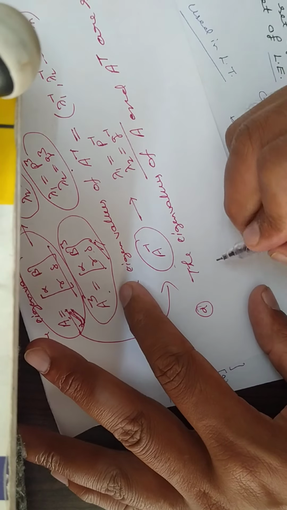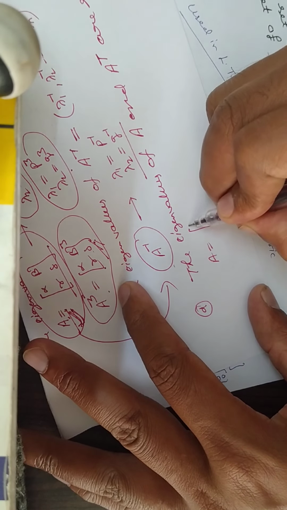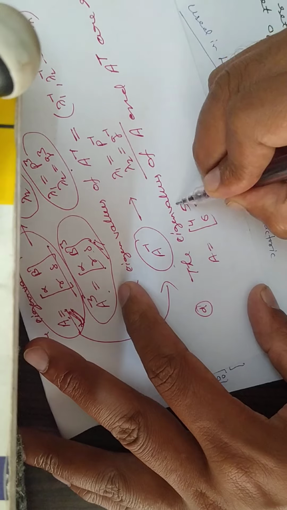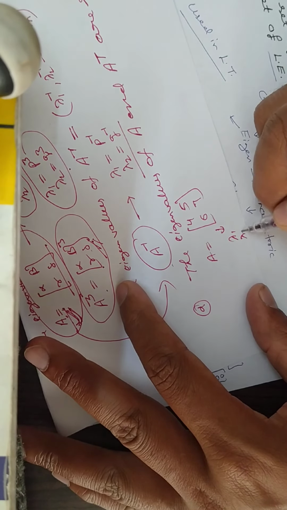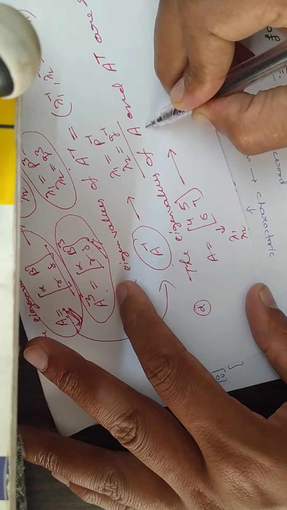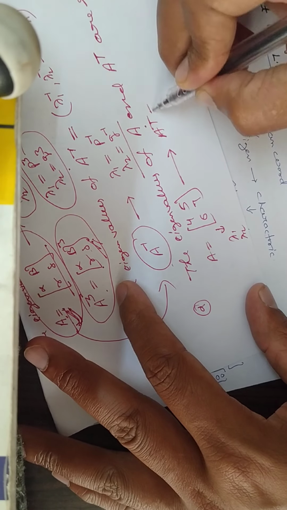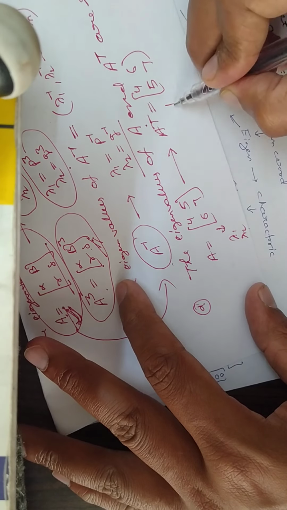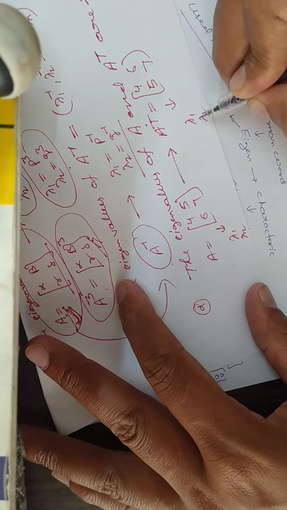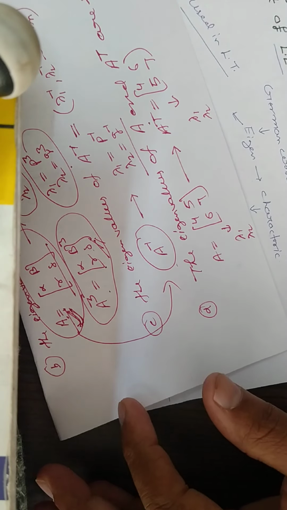That is, suppose that you have a matrix A with rows 4, 5 and 6, 7, and suppose the eigenvalues of this matrix are lambda 1 and lambda 2. Its transpose is A transpose. Again, the eigenvalues of this matrix are lambda 1 and lambda 2. It is very simple.